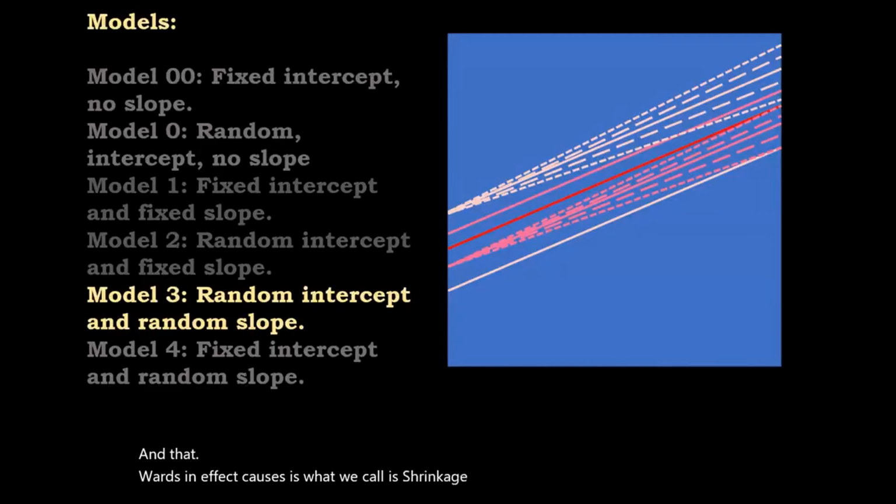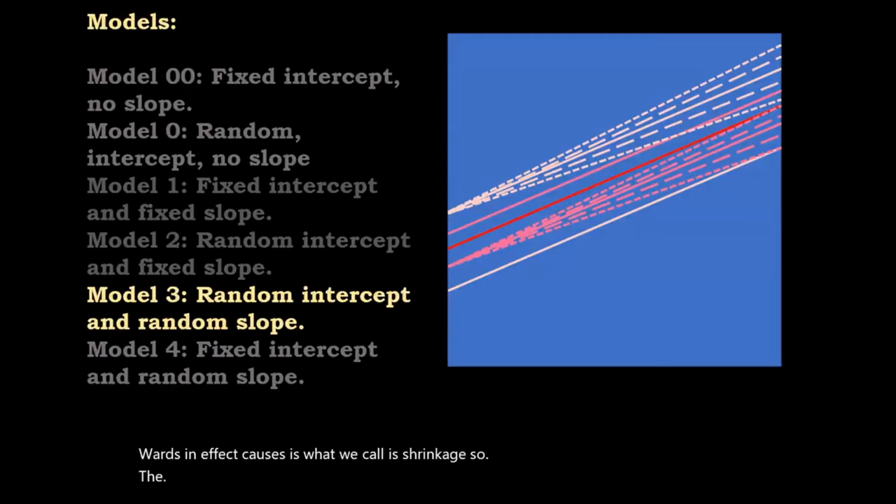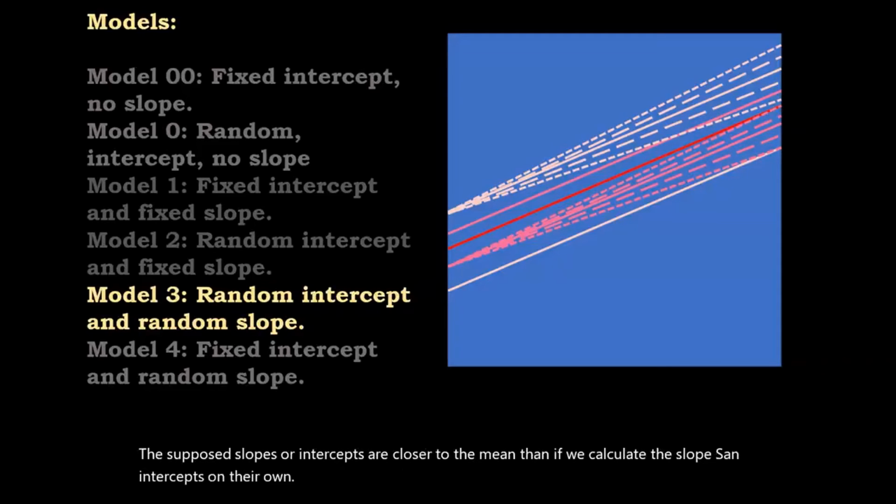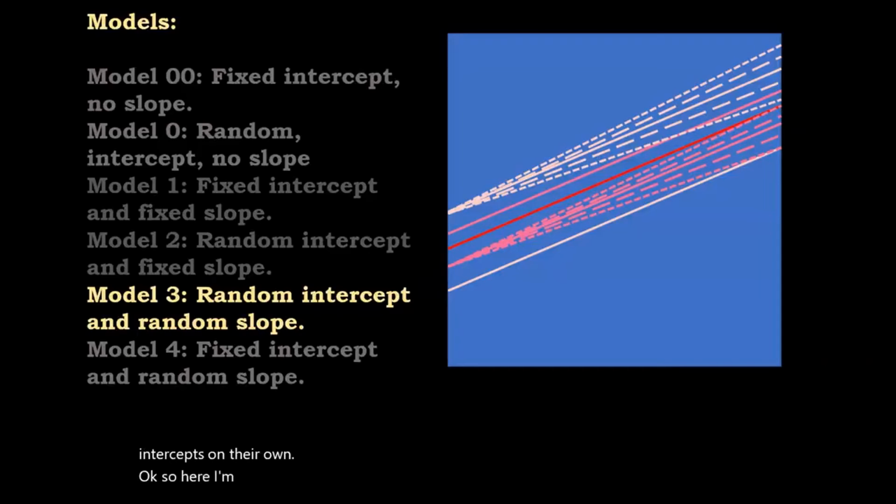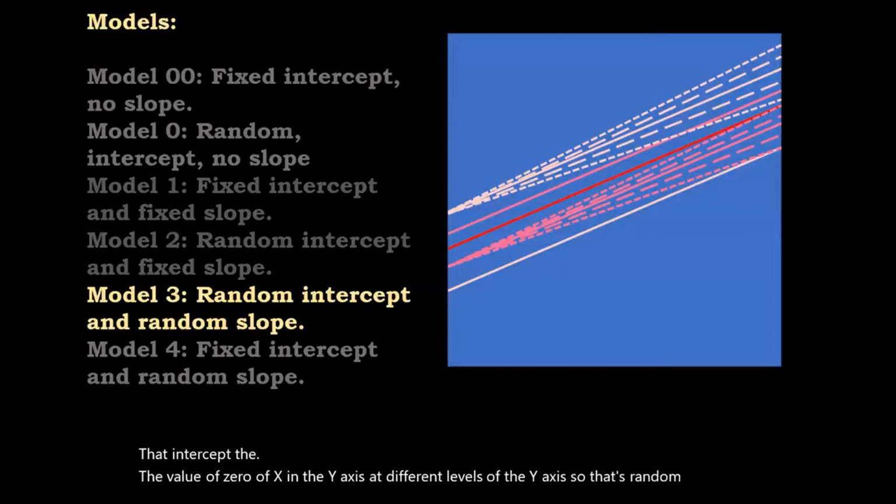The supposed slopes or intercepts are closer to the mean than if we calculate the slopes and intercepts on their own. Okay, so here I'm showing the case where the intercept is random. We've got 5 lines that intercept the value of 0 of x in the y-axis at different levels of the y-axis. So that's a random intercept.